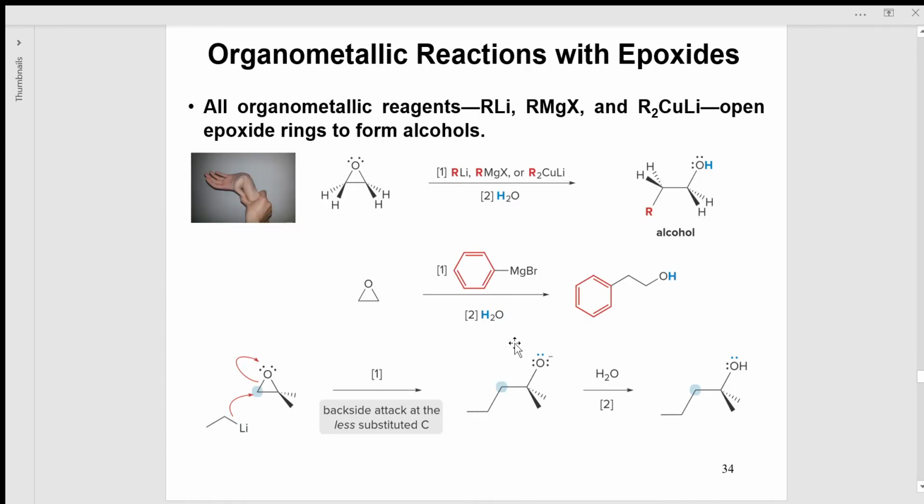Another molecule that is very useful to do a lot of organic synthesis is the epoxide. Basically, we have a carbon-carbon-oxygen three-membered epoxide ring. Again, this ring has very strong strain. It always loves to pop off.